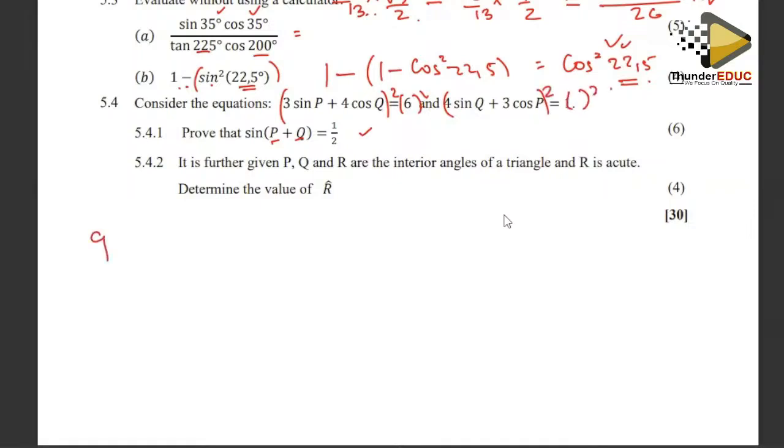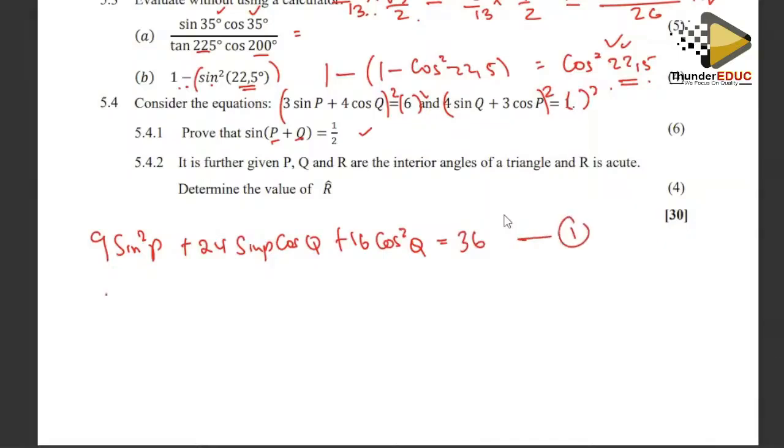So I'm going to get 9 sine squared p plus 24 sine p cos q plus 16 cos squared q is equal to 36. Let me do the same there. I'm going to get 16 sine squared q plus 24 sine q cos p plus 9 cos squared p is equal to 1.